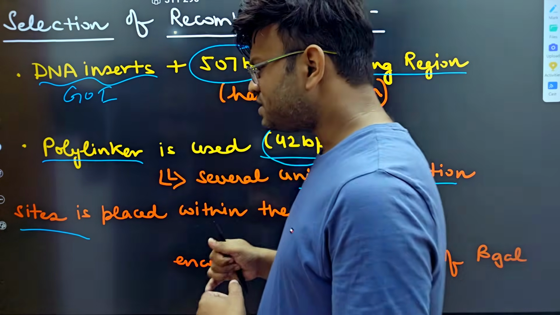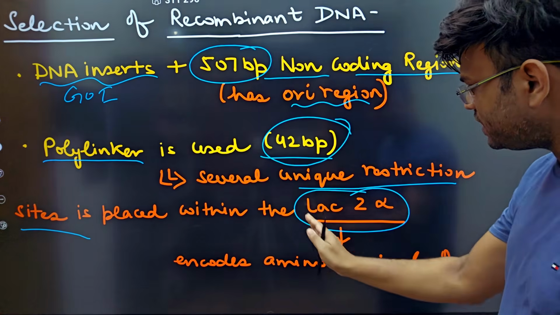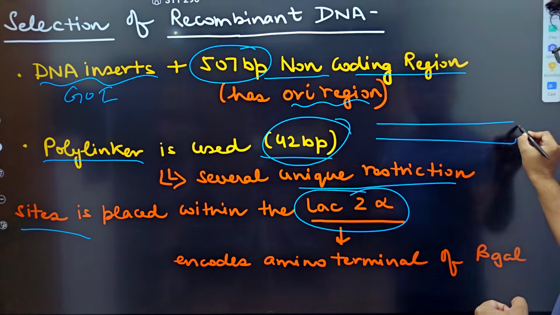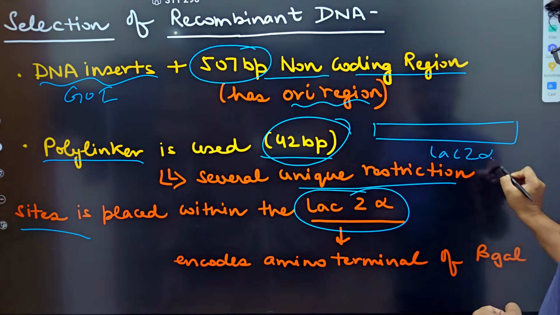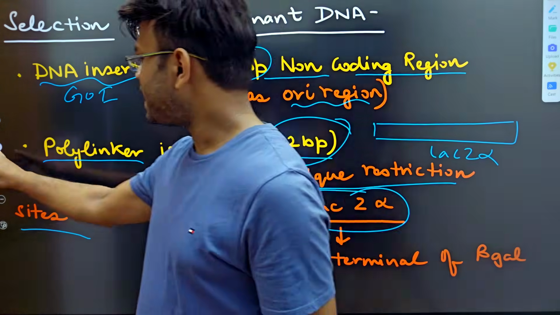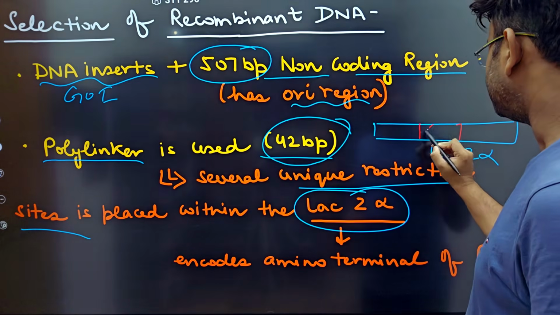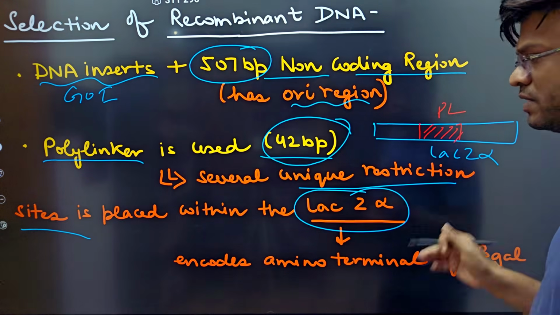Now remember this, that this polylinker is added in between the LAC-Z alpha gene. For example, let us say that this was the entire LAC-Z alpha gene, and in between the LAC-Z alpha gene, what we do is we place our polylinker. Now this is our polylinker, right?